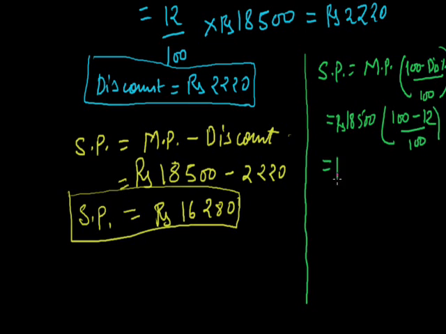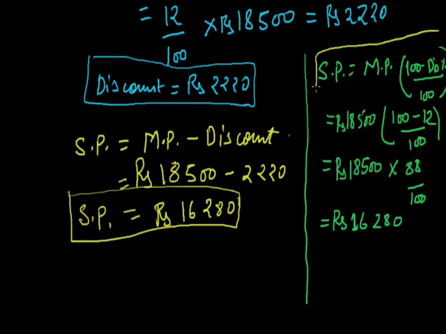Now it will be equals to rupees 18,500 into 88 upon 100, which on calculation will directly give you rupees 16,280. So to calculate the selling price directly, we can use this formula.